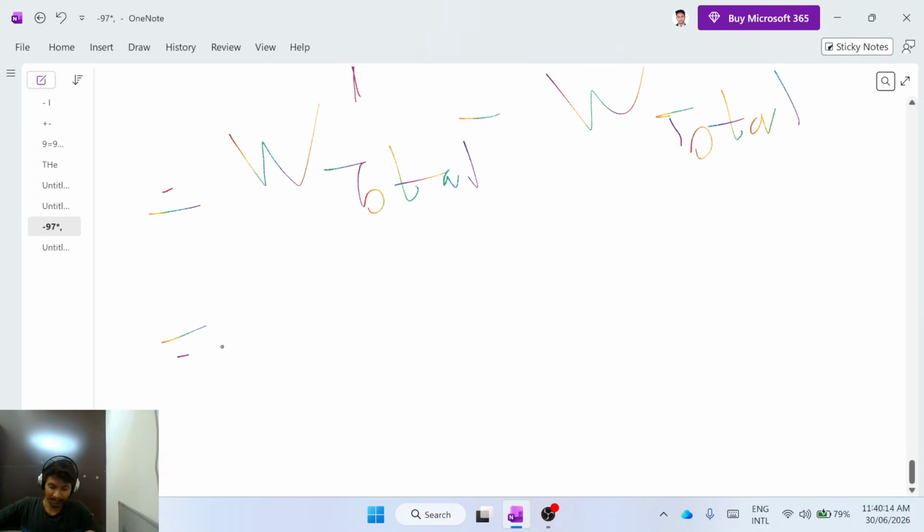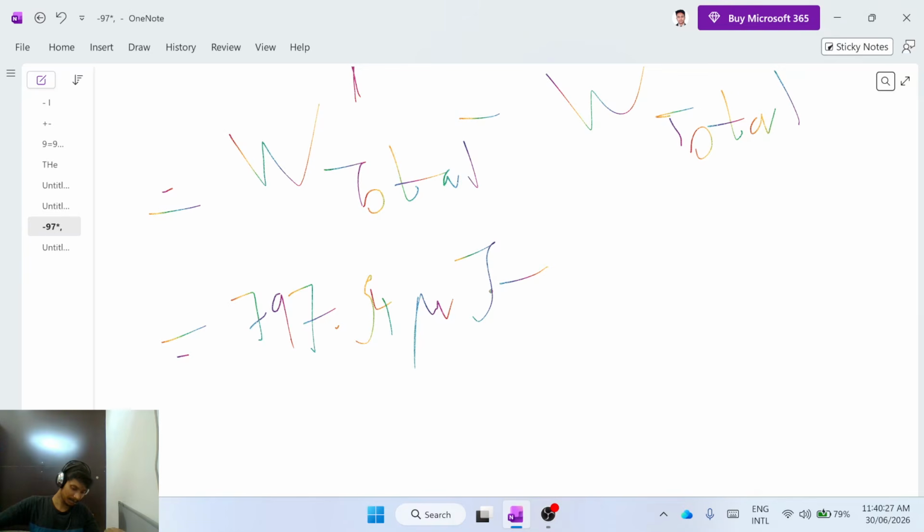We have found W total dash, which is equal to 797.54 microjoule, minus W total at the initial condition, which is 936 point something microjoule. Here this is approximately 800 and this is approximately 900.